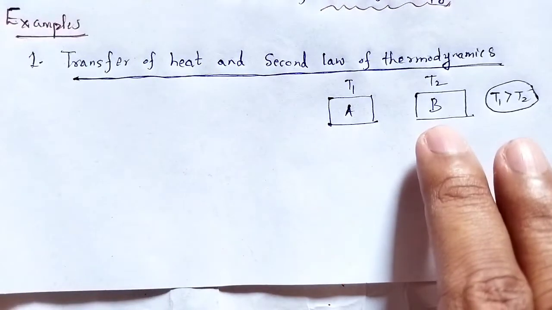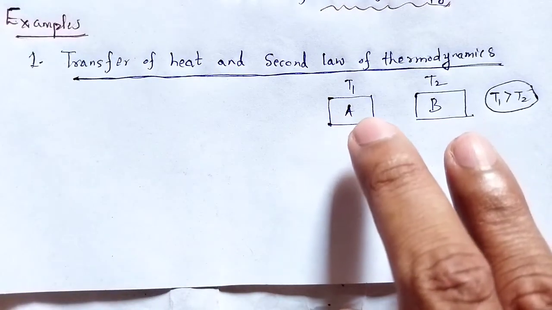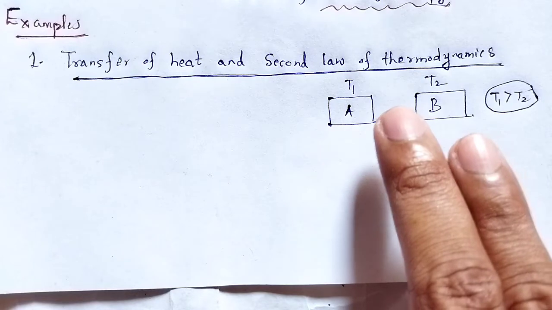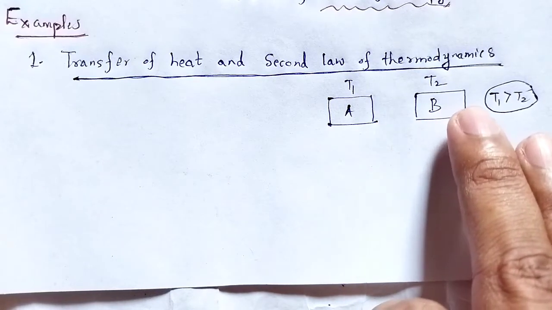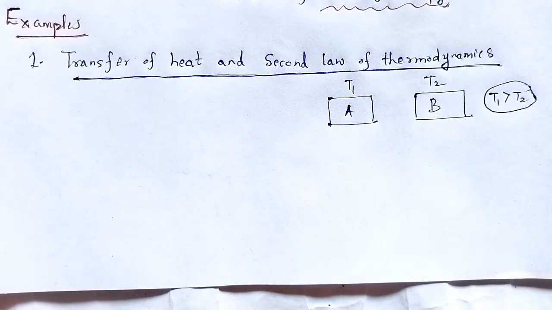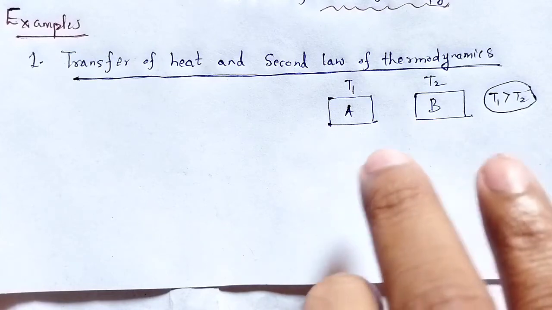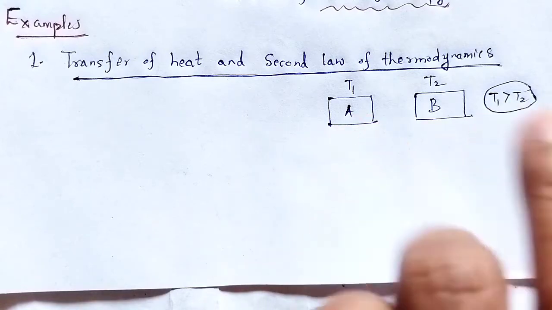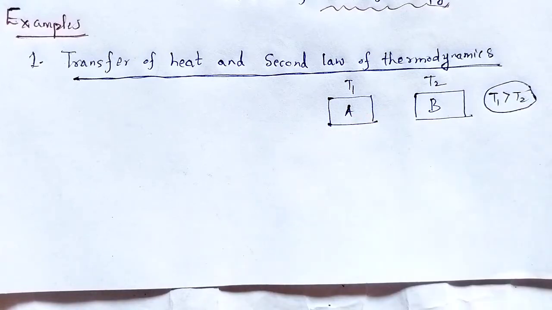When these two bodies are in contact with each other, what happens? Heat will flow from body A to body B till the bodies are at the same temperature. When these two bodies acquire the equilibrium state, there will be no flow of heat from A to B. At this stage, the two bodies will be in thermal equilibrium.